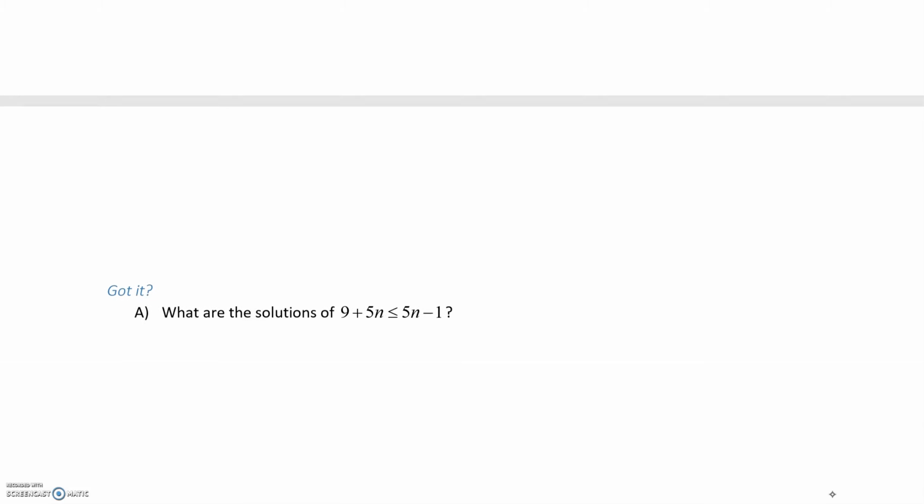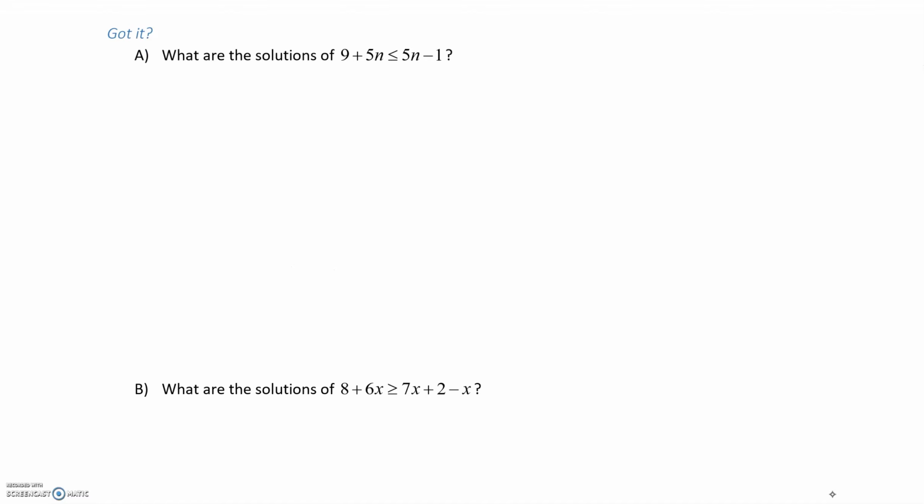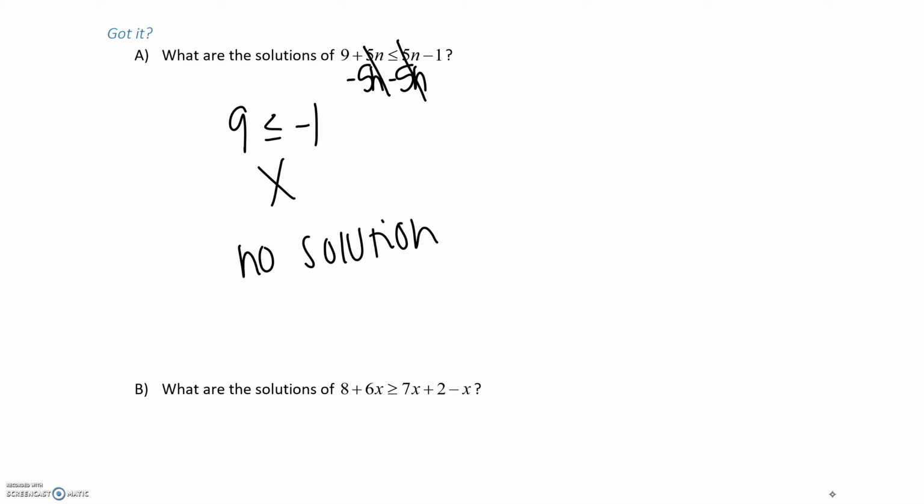Okay, so go ahead and try the got it problems. We subtract this 5n from both sides, cancel out, that leaves us with 9 is less than or equal to negative 1, which is not true, so we have no solution.